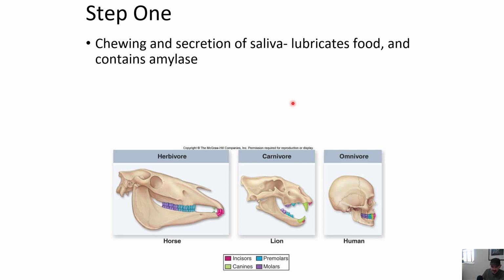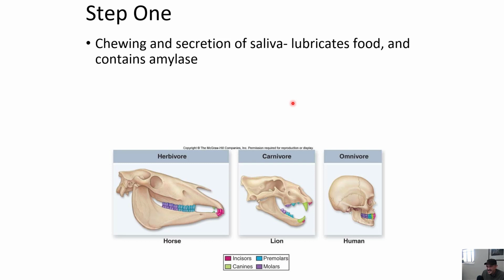So we bring it into the body. First step is we bring it into the body, and we chew it and mix it with saliva. Chewing increases the surface area of the food, making it easier to get chemicals to it to digest it. And saliva lubricates the food, making it easier to swallow.